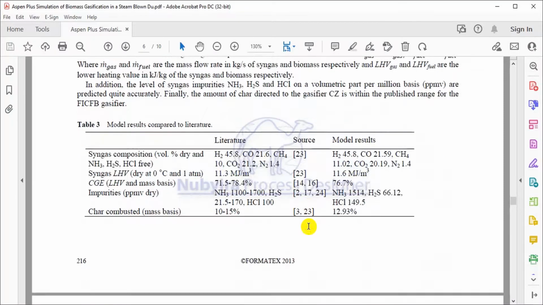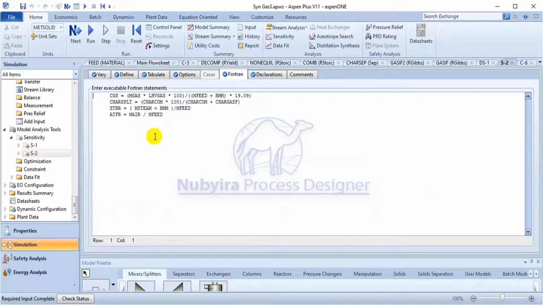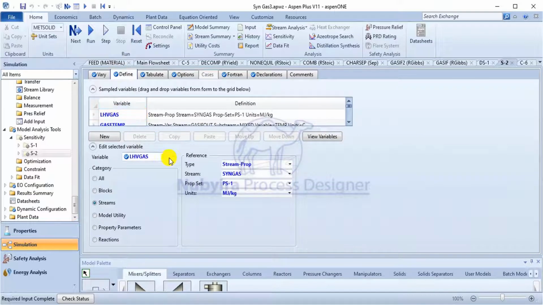So this is the formula for CGE, and the low heating value of the gas. We have the char combusted, divided by the total number of char units. So that's the formula. And I've gotten this from the defined variable already, here.